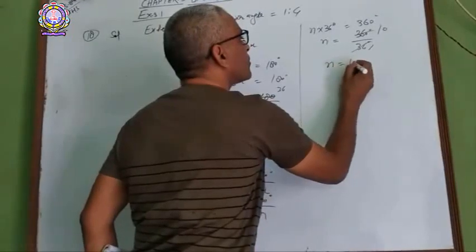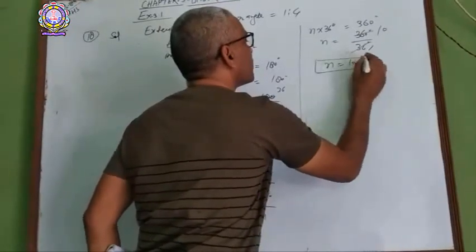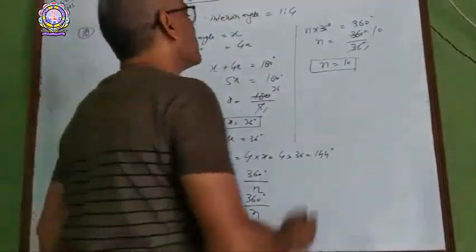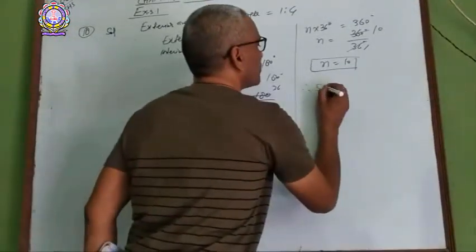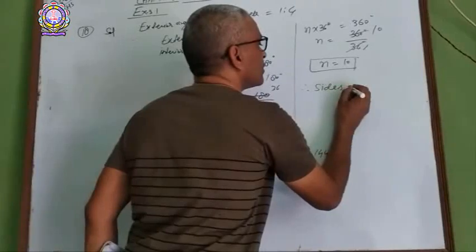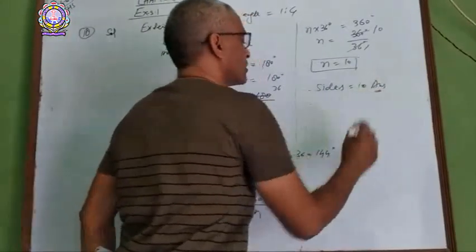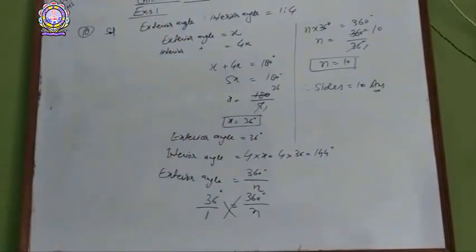Then n is equal to 10. Therefore, number of sides will be 10. This is your answer. Write down this question.